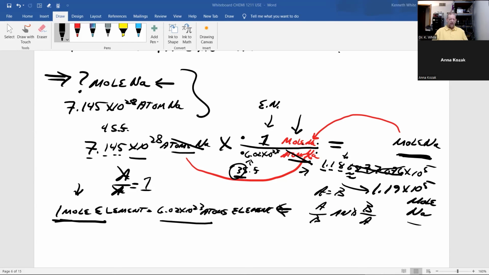From the fact that 1 mole of an element equals Avogadro's number, 6.02 times 10 to the 23rd atoms. And you know there are 2 ratios. So 1 mole of sodium equals Avogadro's number, 6.02 times 10 to the 23rd. Units cancel out, do the math, and we're done.